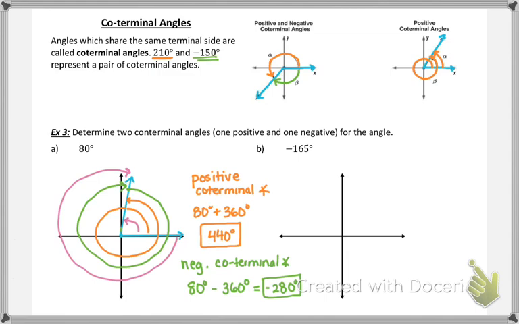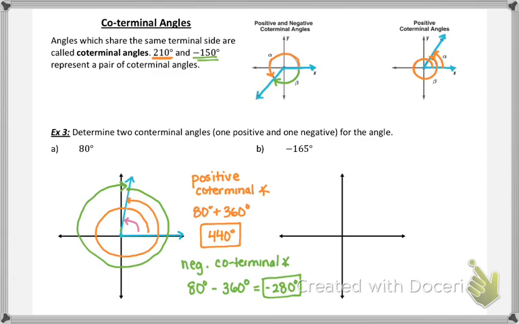And I can get that very easily by just subtracting 360 degrees. Okay, so positive and negative coterminal angles are very easy to find. To find a positive coterminal angle, you add 360 to your initial angle. And to find a negative coterminal angle, you just subtract 360 until you get to a negative.